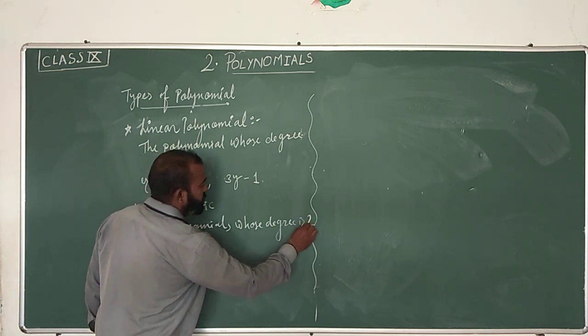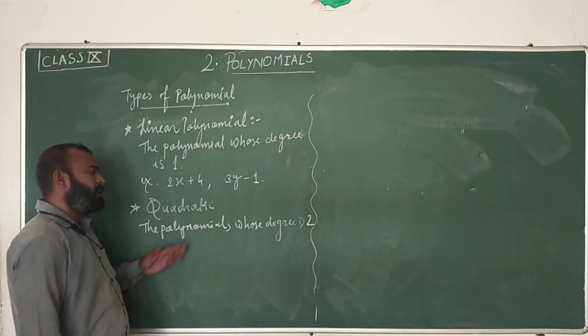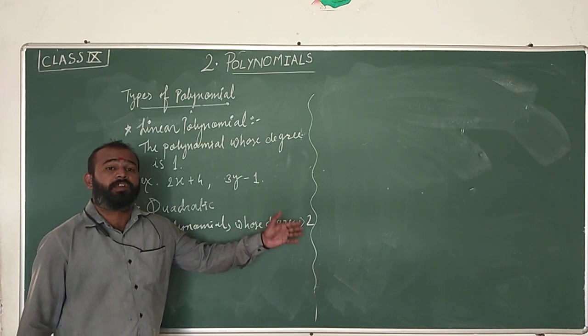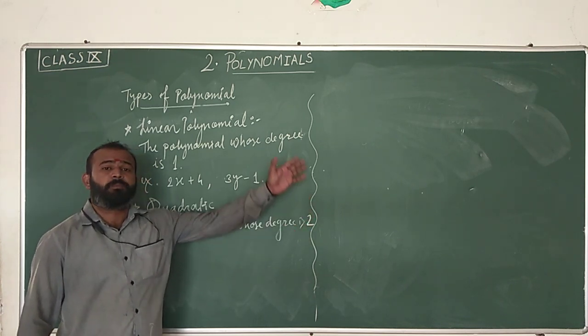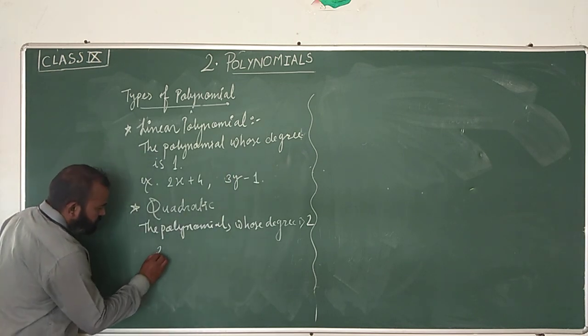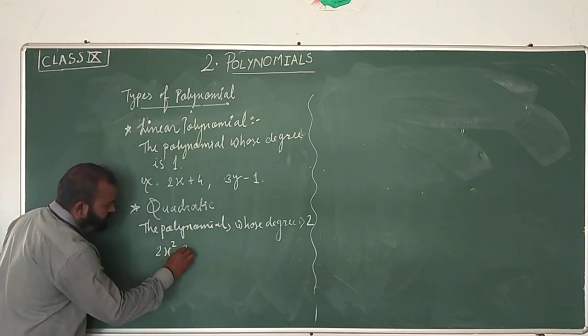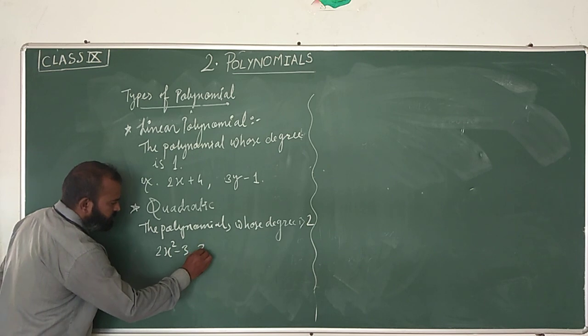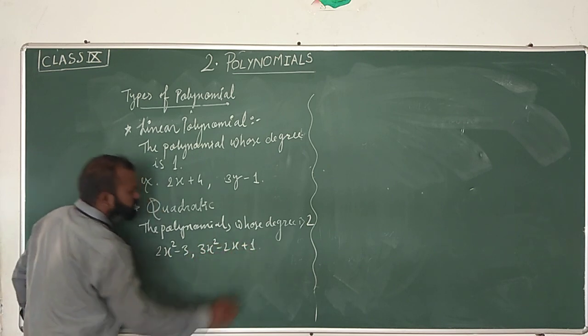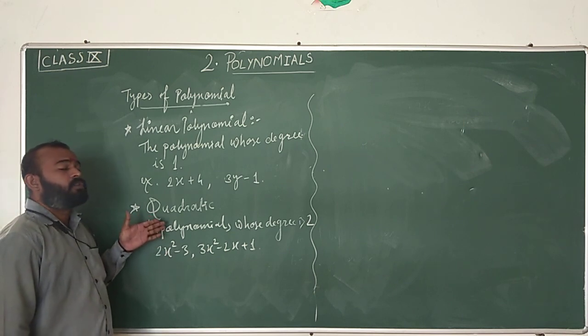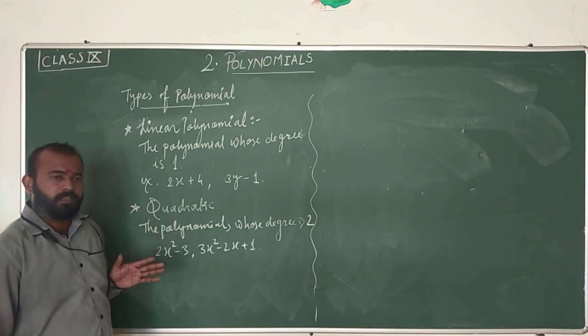Whose degree is 2, that are called as quadratic polynomial. Degree means highest power. 2x square minus 3, 3x square minus 2x plus 1. So these are called as the quadratic polynomial.